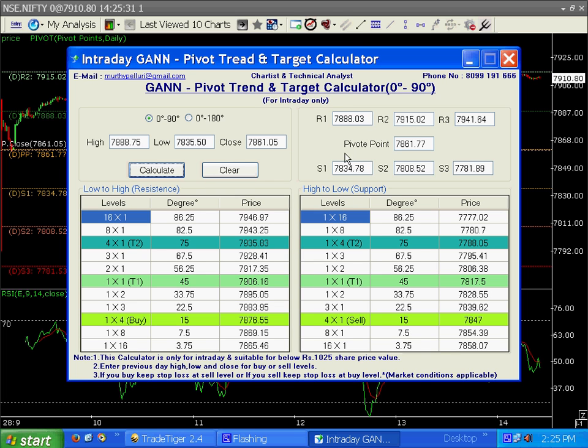Below the pivot point we have support 1, support 2 and support 3. With resistance and support of pivot points we have to adjust the target. Here the first target is 7906, whereas the second target is 7915.